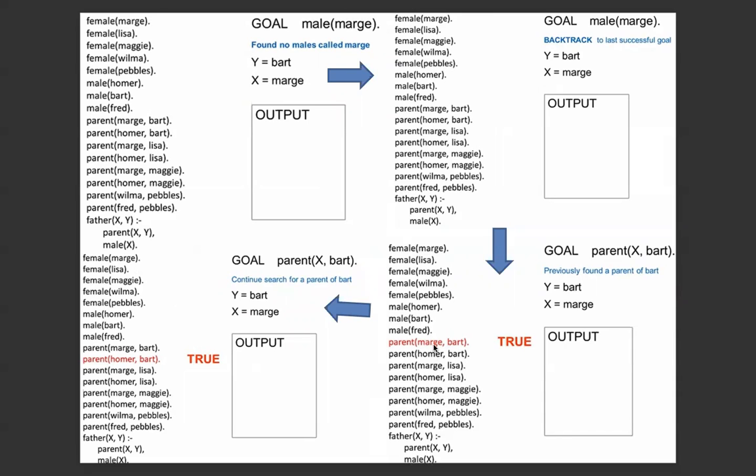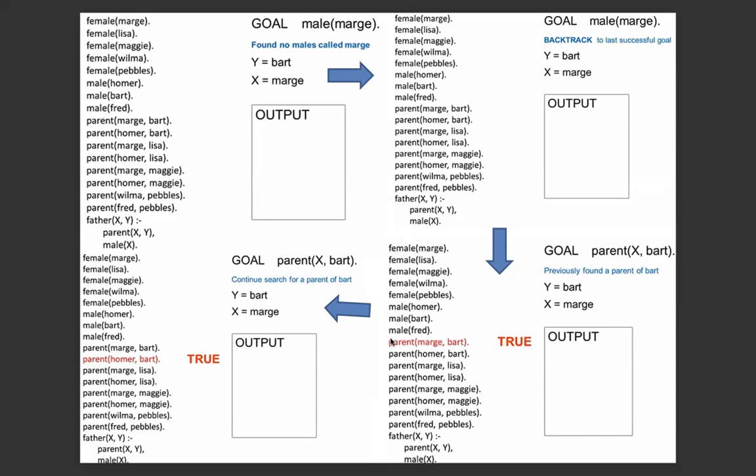But my successful fact was Marge is a parent of Bart. This is true. So since the fact that Marge is a male was not found, I will backtrack to my last successful fact, which is Marge is a parent of Bart, and I start searching again from here.